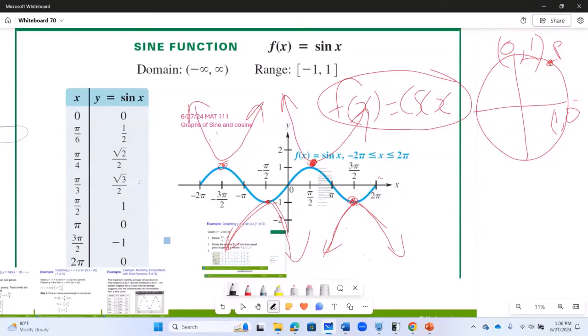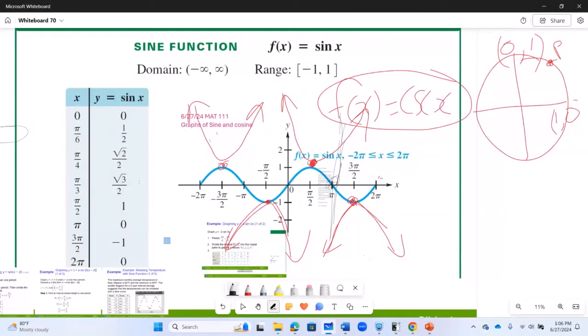Look, at this point, sine is 0. Sine of pi, 180, is 0. Therefore, cosecant of 180 is 1 over 0, and 1 over 0 is undefined. So you draw yourself a vertical line at that point.